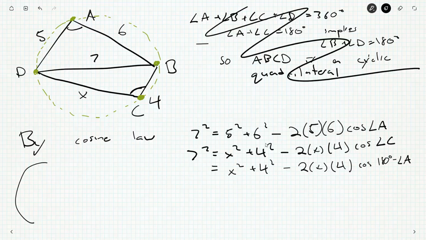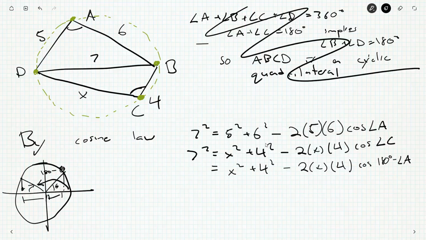If we think about sort of the unit circle definition of cosine, we have theta here. We get cosine is this length. And if we come back by theta, so our total angle here is 180 minus theta, then the cosine is this length.